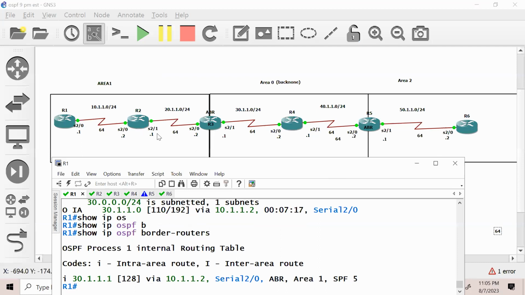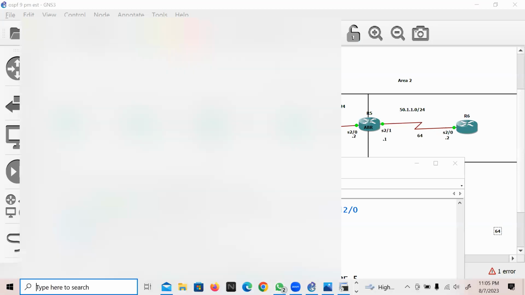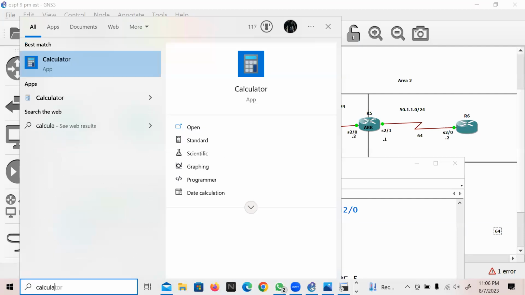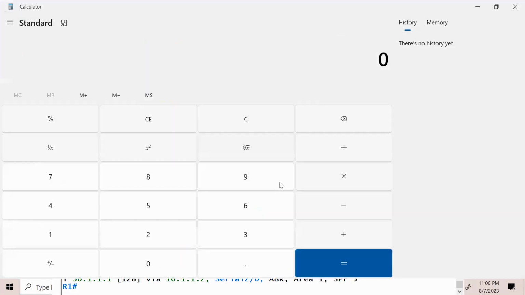If I want to see 50, I add 64, 64, and so on, five times 64. You can add. So 5 times 64, this is standard, right?